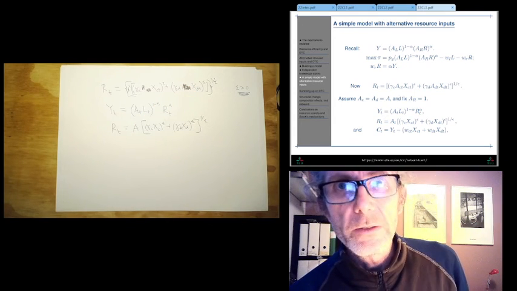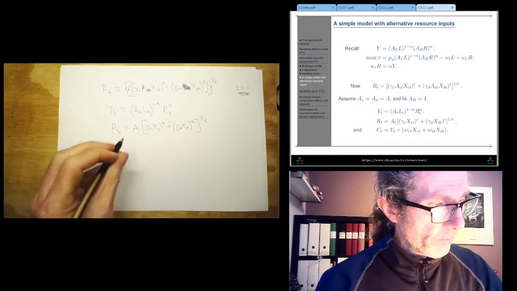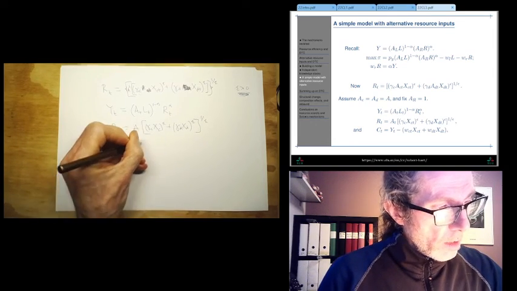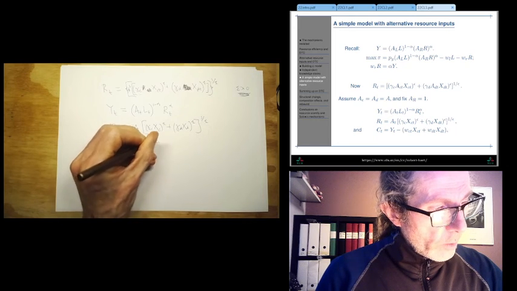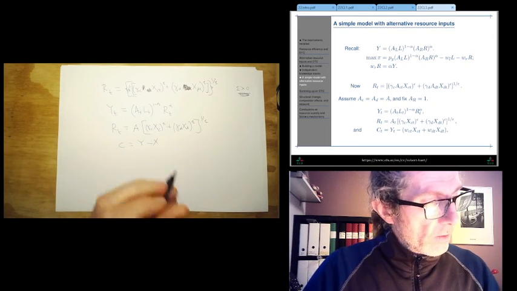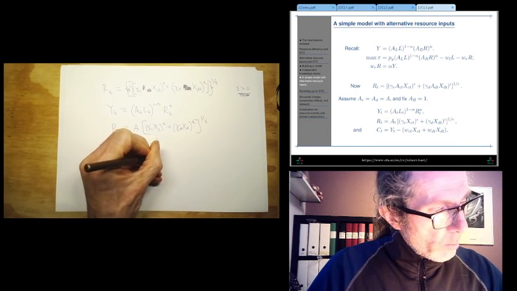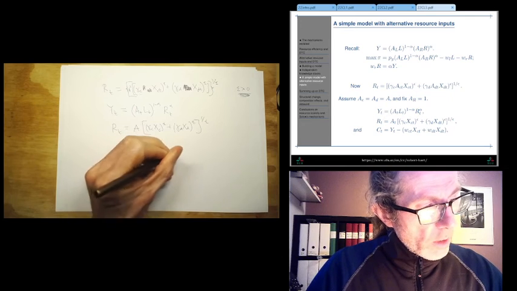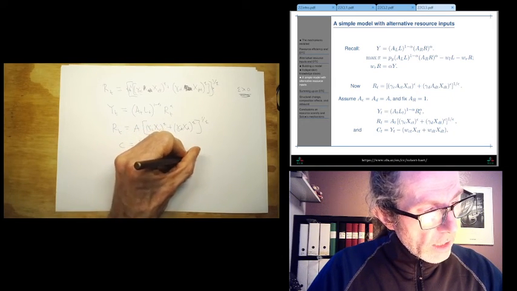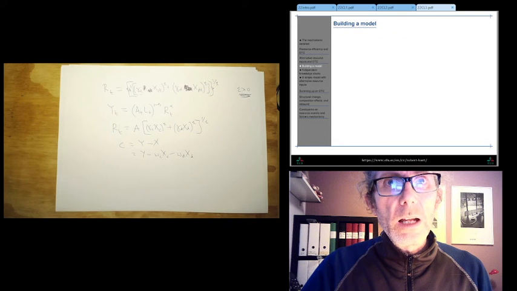I've dropped the t's. And consumption, if we think about the overall picture that we looked at before, it's Y minus big X, or Y minus w_C X_C minus w_D X_D. Let's see if we can see that in this picture.